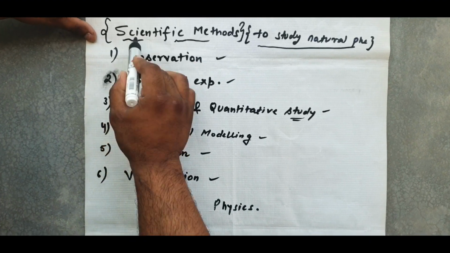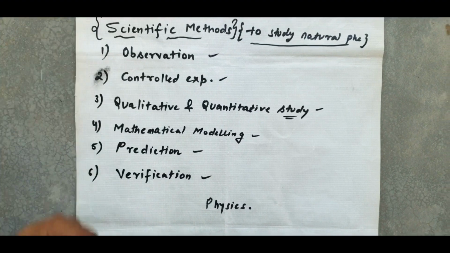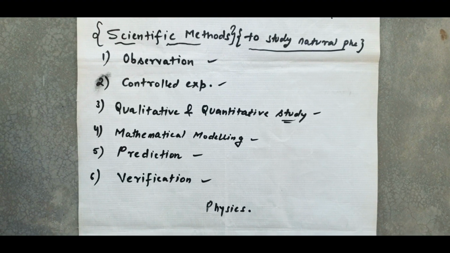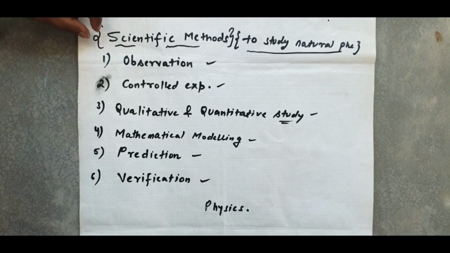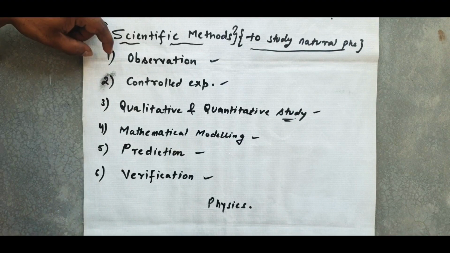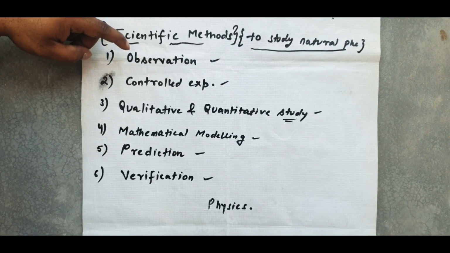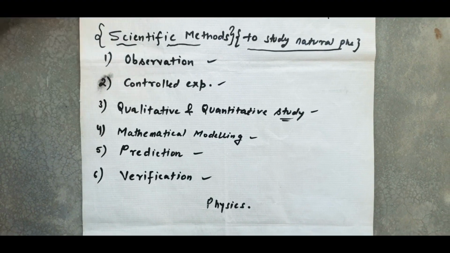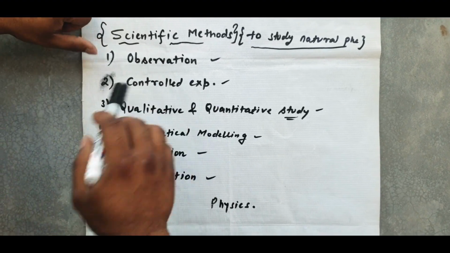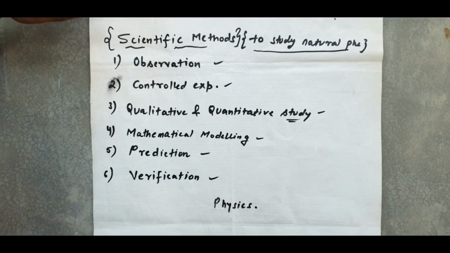Now we should understand all these things with an example. Let us suppose in nature we see that water is falling. Water falls from the mountains and flows in the rivers, there are different examples of falling water. The observation is that we are seeing that water is falling.